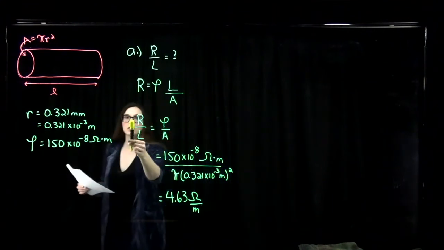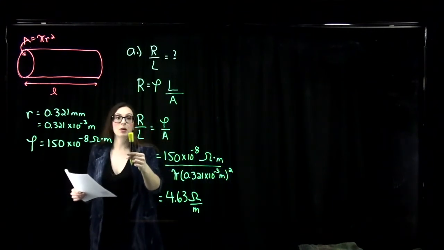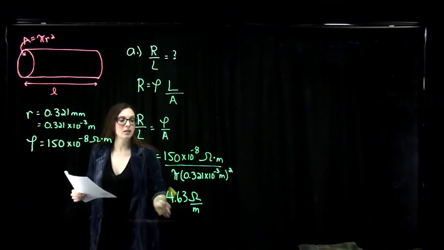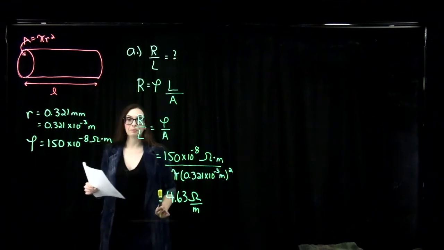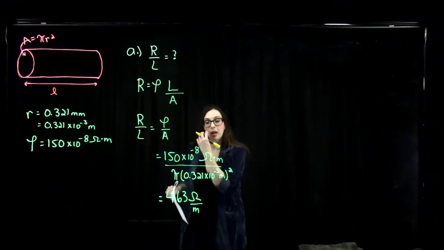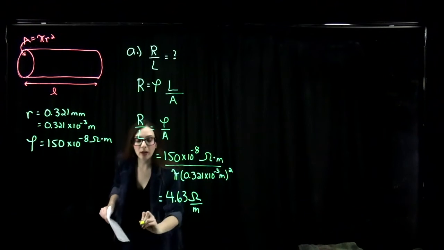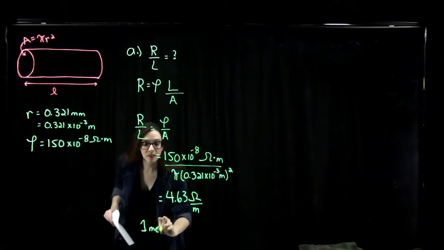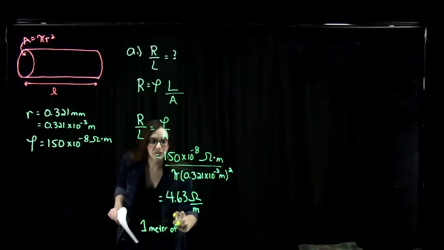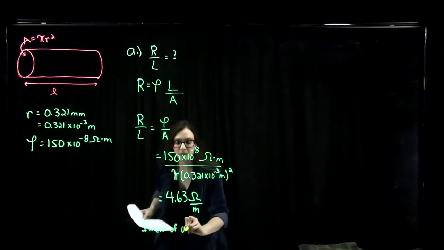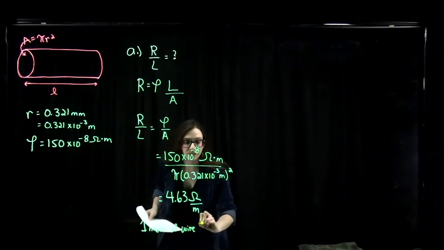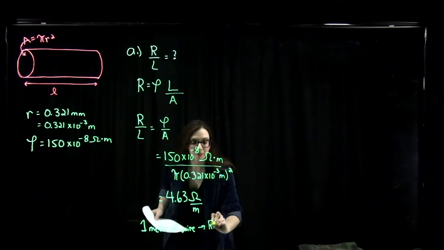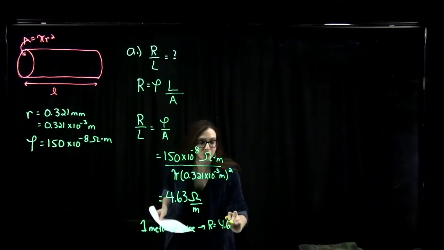Because we're looking for the resistance per unit length, the resistance over length, that will give us our unit of ohms over meter. Well, this says then that 1 meter of our wire here has a resistance of 4.63 ohms.